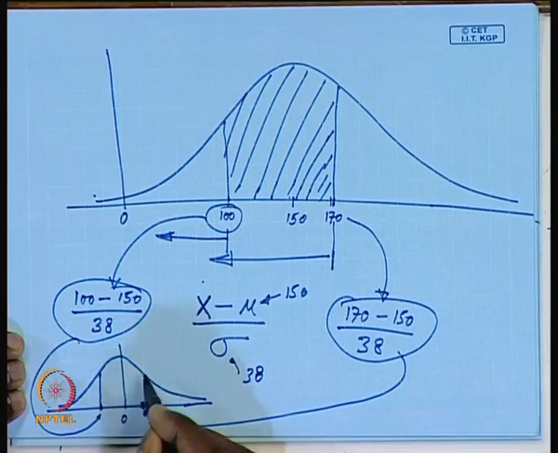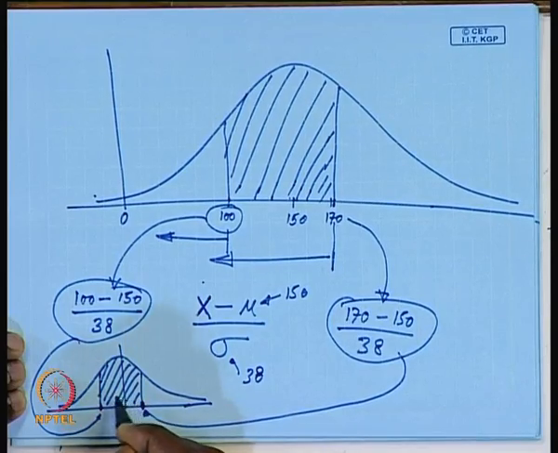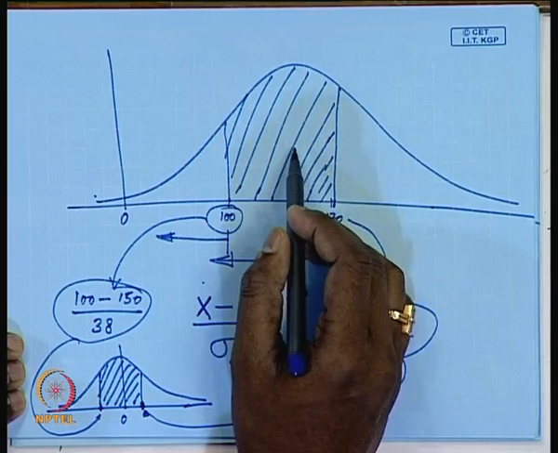So now we are interested to know this area, which is equal to this area on the original random variable scale.